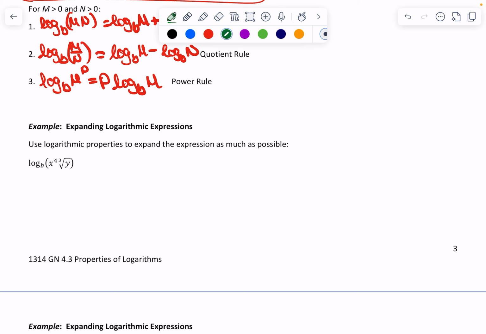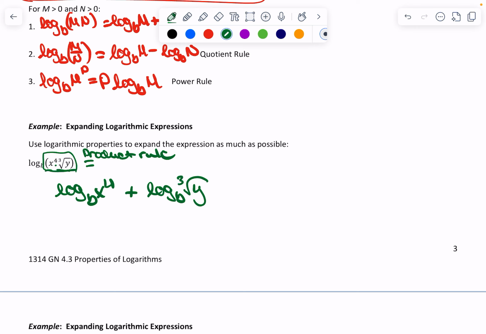And you'll see why we're doing these rules and what we're going to be using them on. So we're going to use the log properties to expand the expression as much as possible here. Again, all this is inside parentheses, so we know that the whole thing is part of a log. Remember that there's a multiplication here, so we're going to use the product rule first. So log base b of x to the power of 4 plus log base b of the cube root of y.